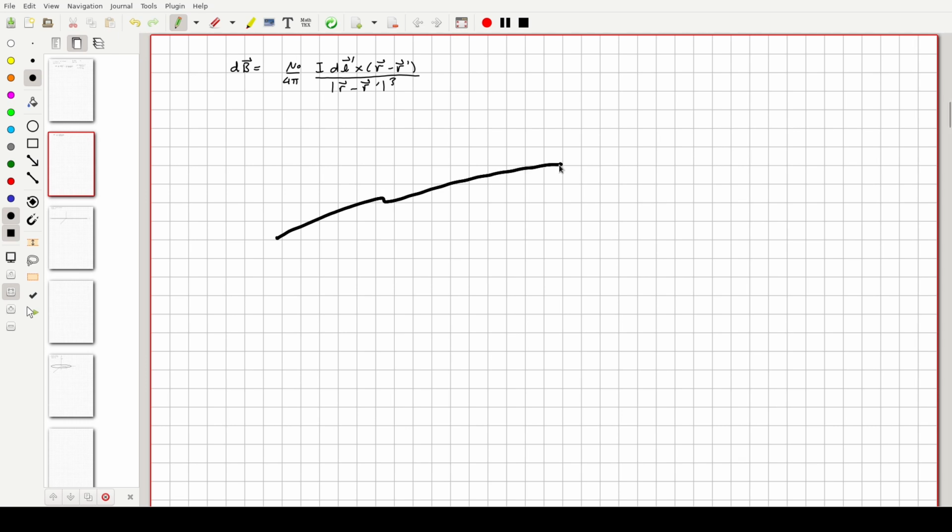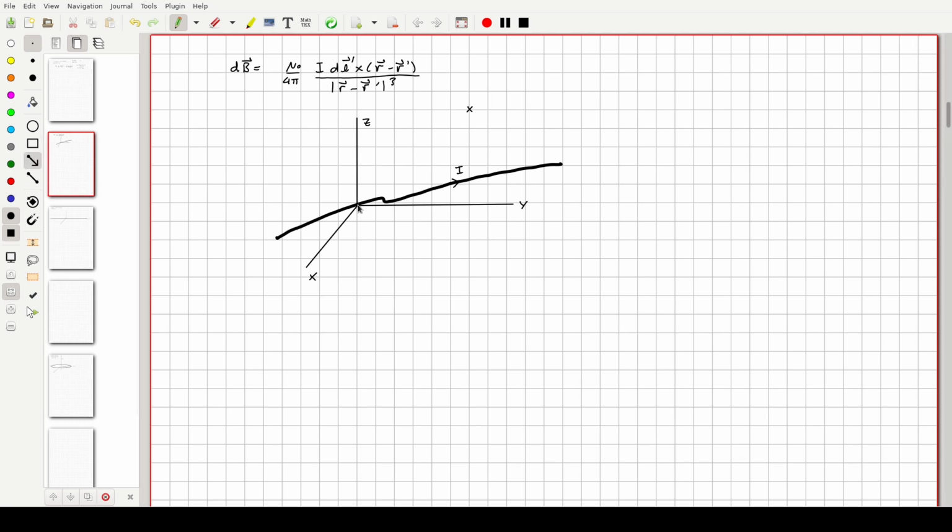Maybe it goes like that, we'll say through space, flowing this way. Now let's draw the origin of a coordinate system, how about right here? We'll draw a full three-dimensional one like that. This is Z. This is Y. This is X.